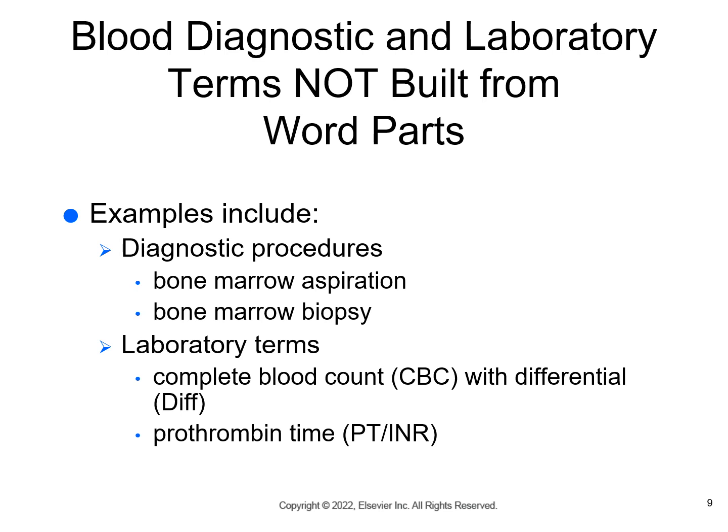Then bone marrow biopsy is again a procedure where the process is to obtain a solid portion of the bone marrow. And these are both done looking for things like leukemia or some of the anemias or some kind of blood disorder.